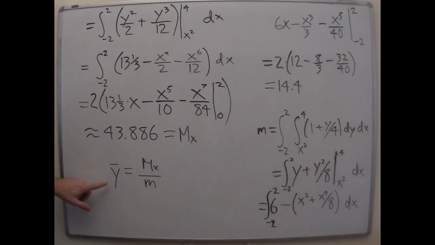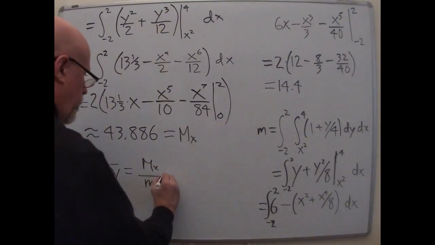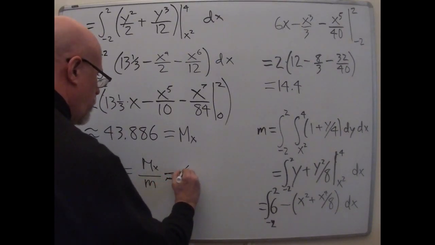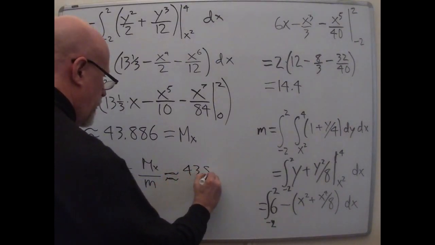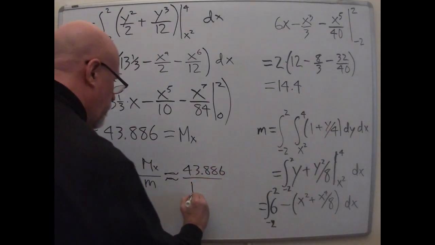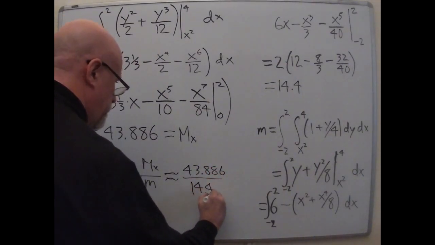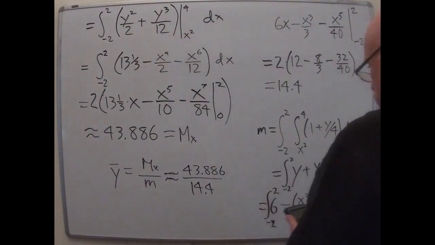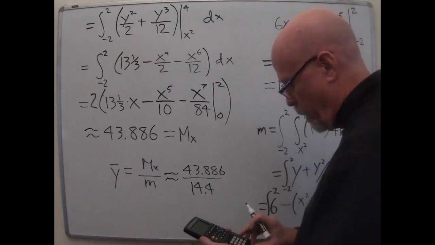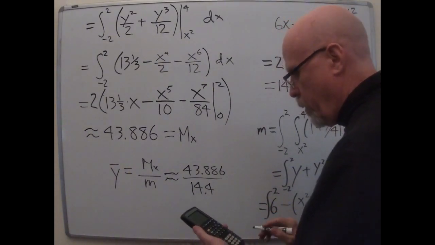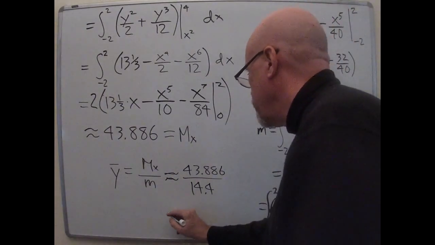So moment about x ends up giving you y bar. So this was, well, it's going to be approximated by 43.886 divided by 14.4. I've got this answer still in my calculator, so we'll divide by 14.4 and get 3.047.